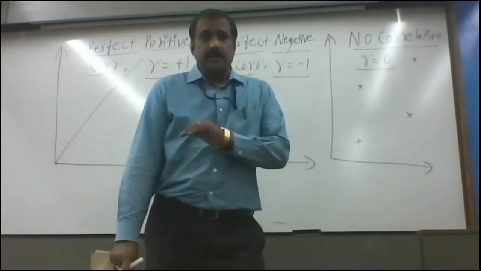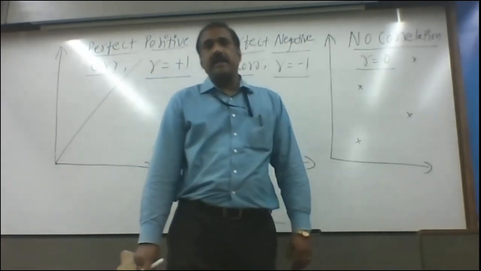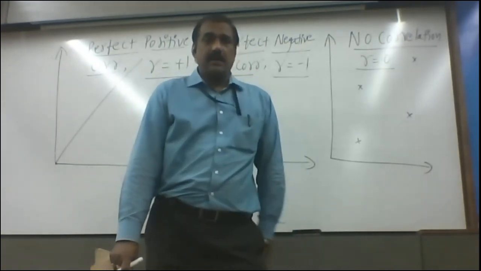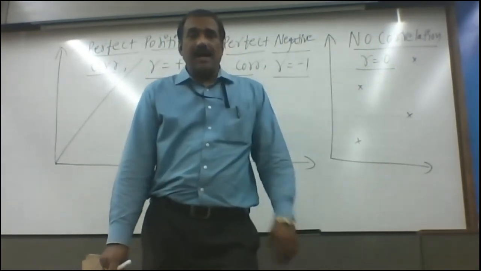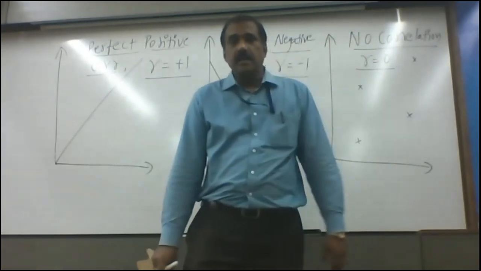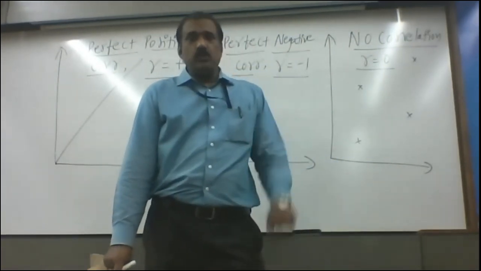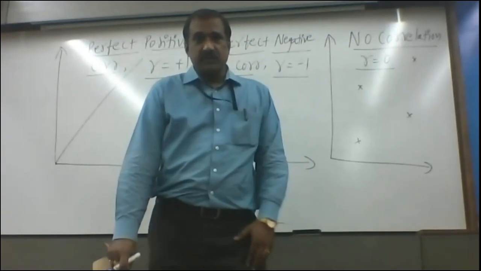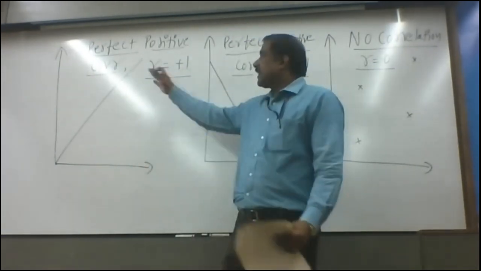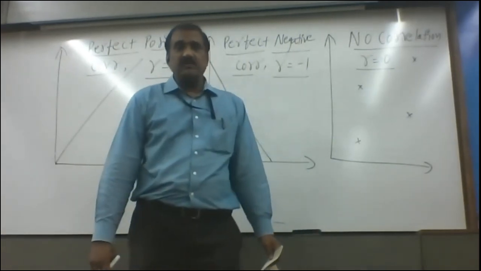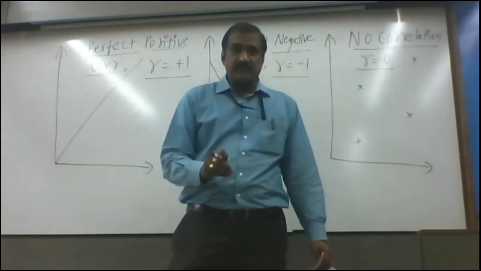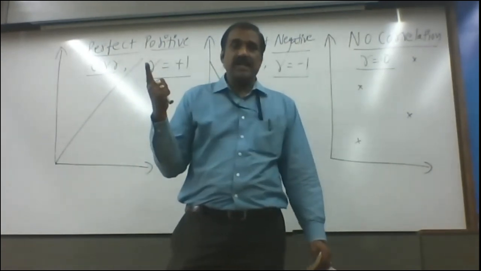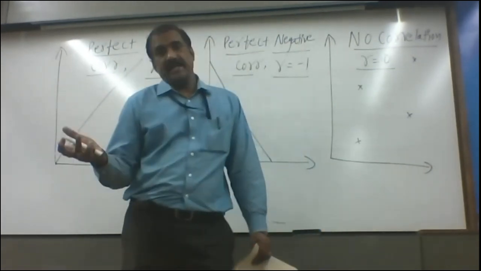We don't always get perfect positive or perfect negative correlation. Other cases are also there when using graphs: high degree positive correlation, high degree negative correlation, low degree positive correlation, and low degree negative correlation.